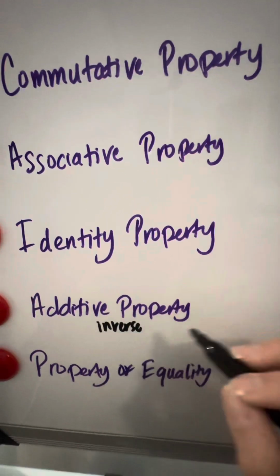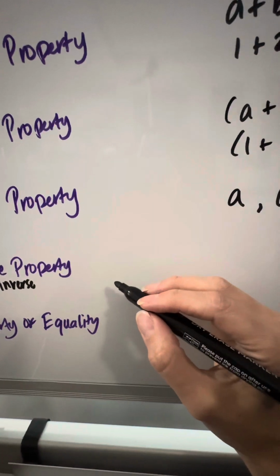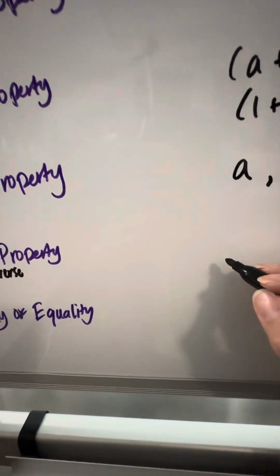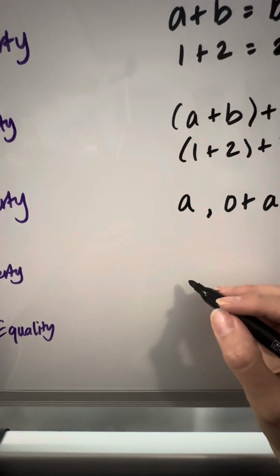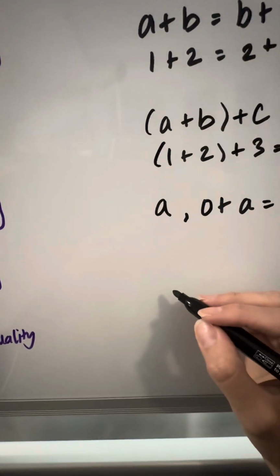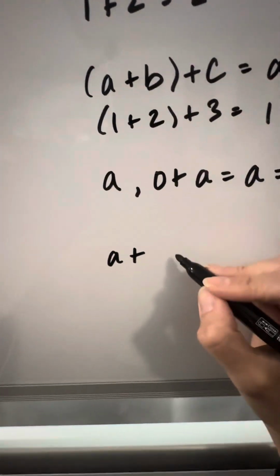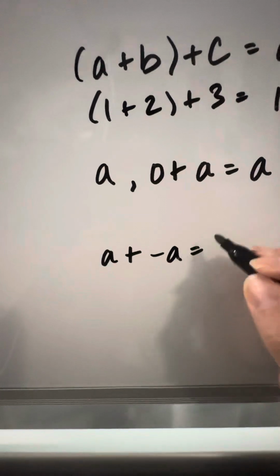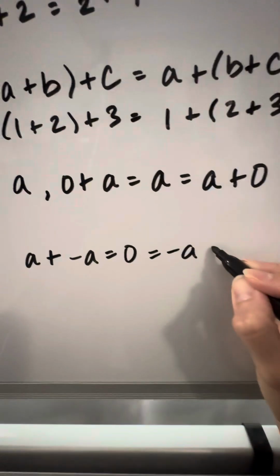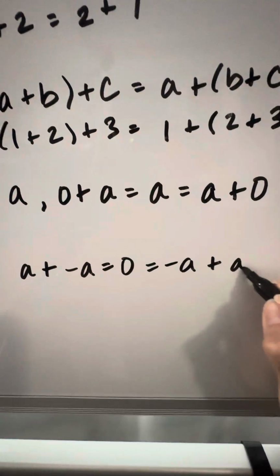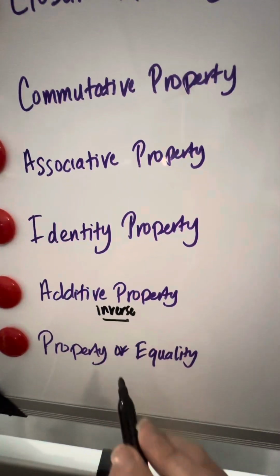Okay, and the additive inverse property tells us that for every integer A, there exists a unique integer -A, the additive inverse of A, such that A plus -A equals 0 equals -A plus A. Okay, so that would be the additive inverse property.